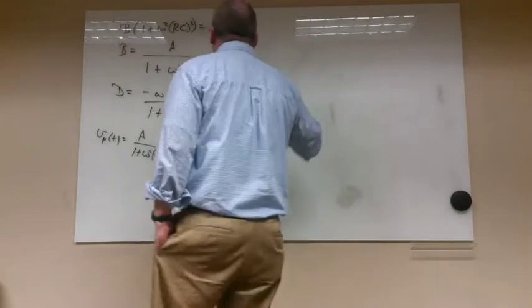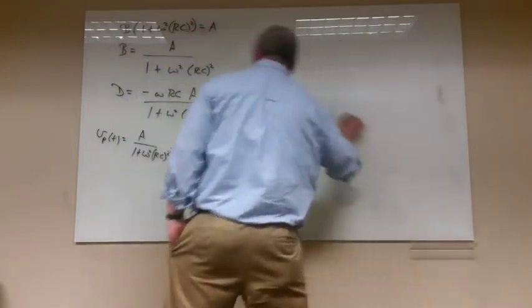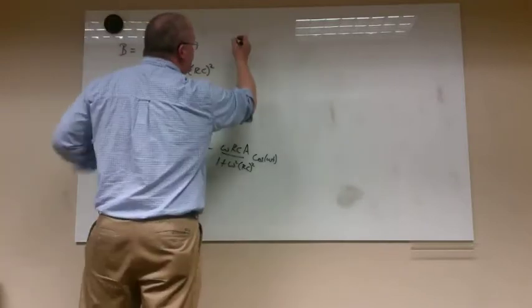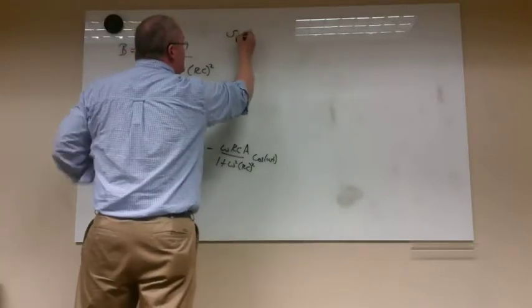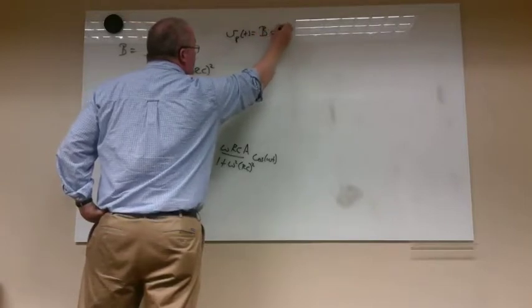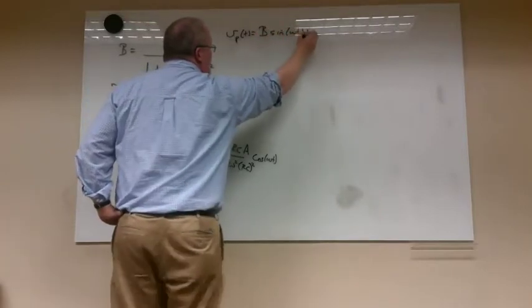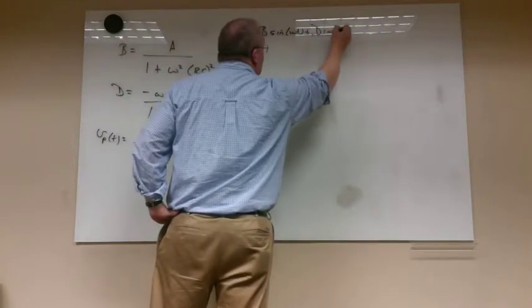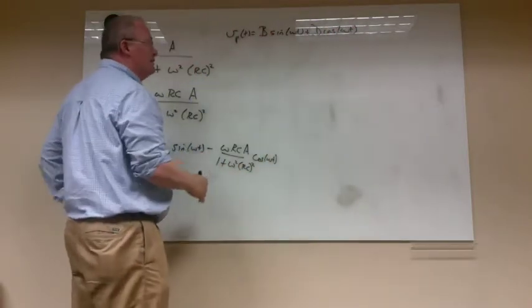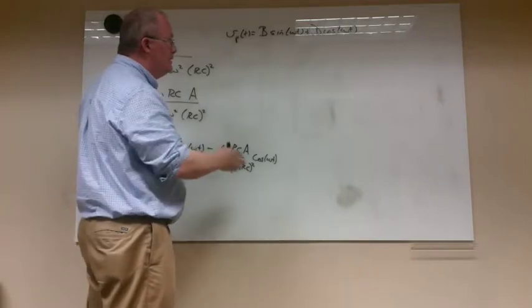We can go ahead and say, look, this is the particular solution, dP of t is equal to d sine of omega t plus d cosine of omega t. We can do that. That's what we've done here with the particular d and b.